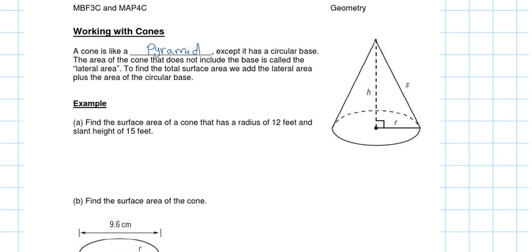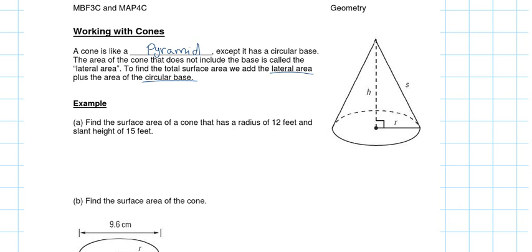To find the total surface area, we add the lateral area plus the circular base. Okay, and that's why you see on your formula sheet two parts, right? You see the pi rs plus the pi r squared. So the pi r squared is the area of the circle, and the pi rs is the lateral surface area. Okay, so let me write that down.